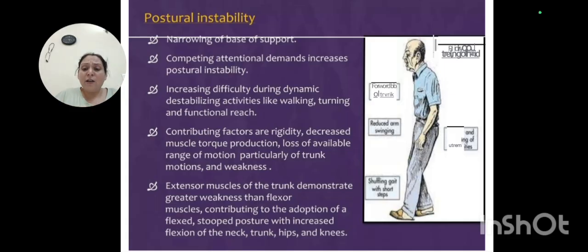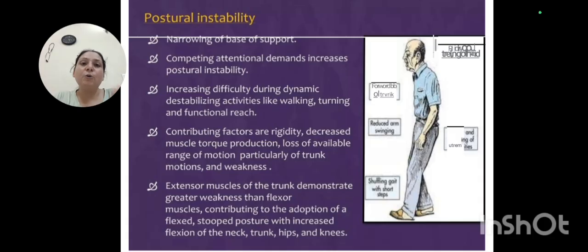Why so? The base of support of the foot is narrow, and he tries to find his own balance. If he is not able to find it, he will try to take steps quickly. So it is a shuffling gait. Fine, so these are the changes which happen.